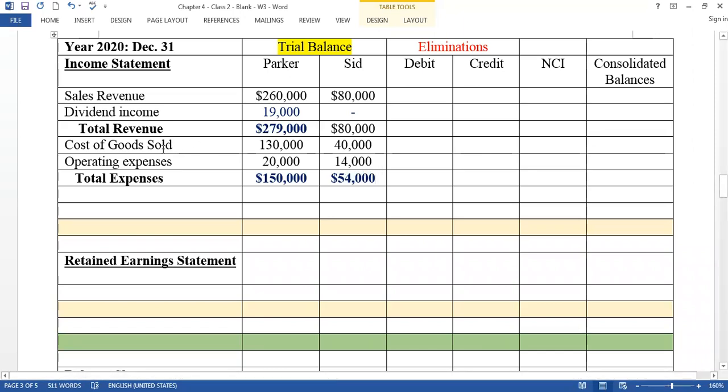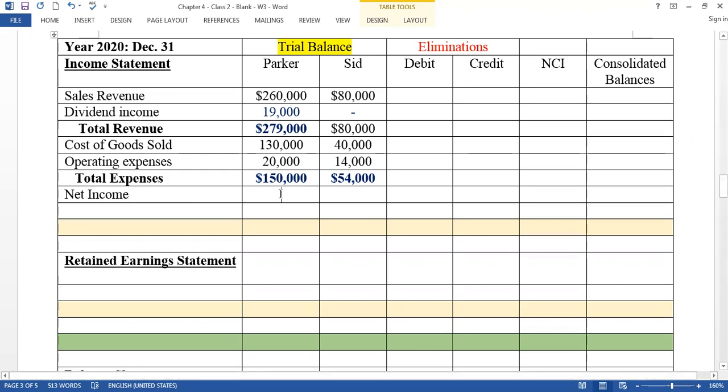Revenue minus expense equals net income.